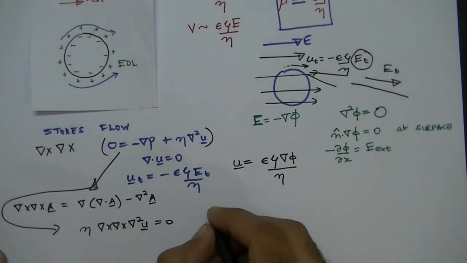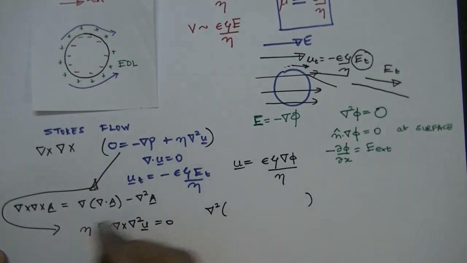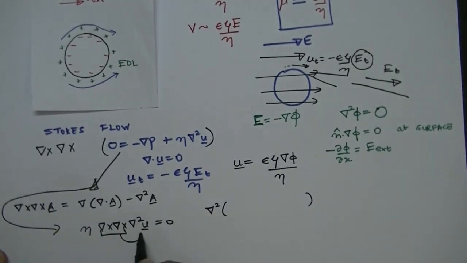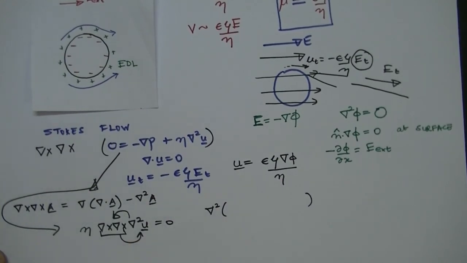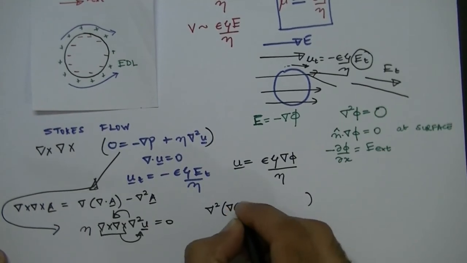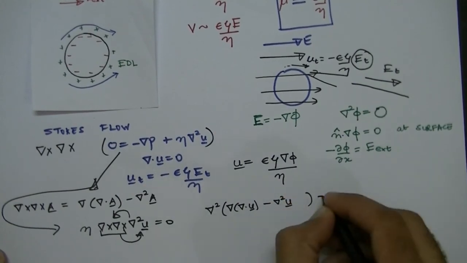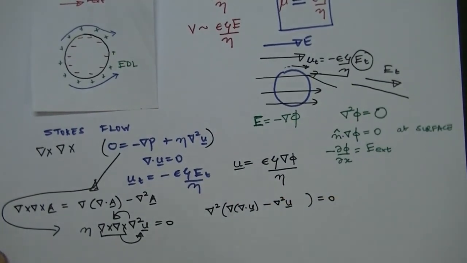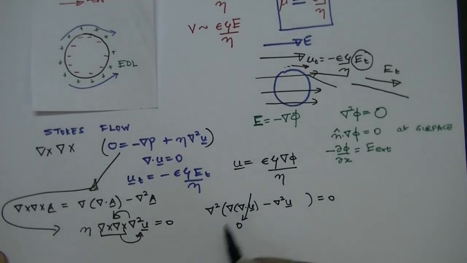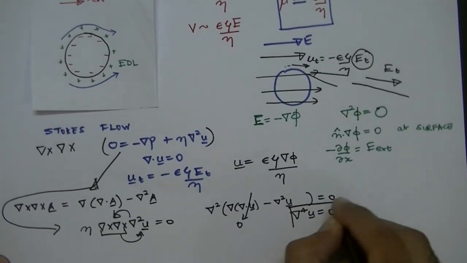So what we'll have is del squared of curl of u equals 0, and we note that from the incompressibility assumption del dot u is 0, so we are left with a biharmonic equation for u.